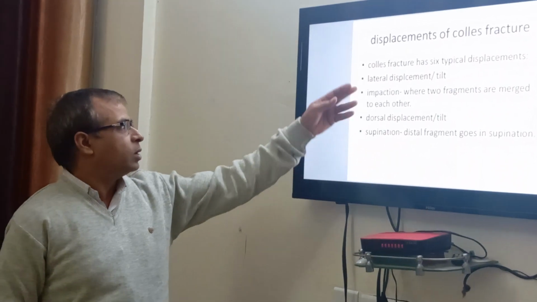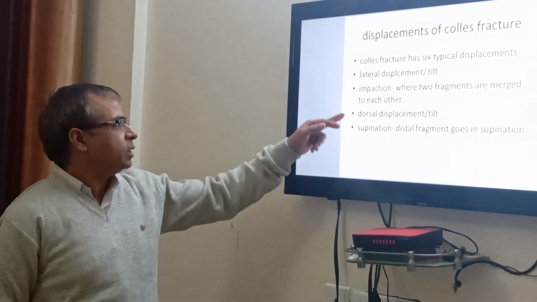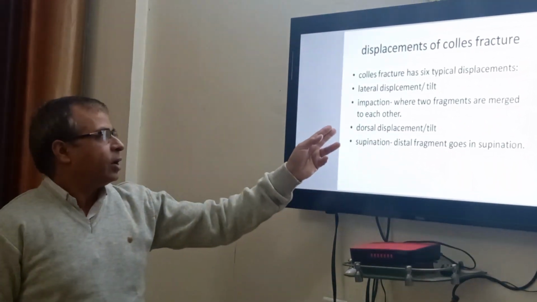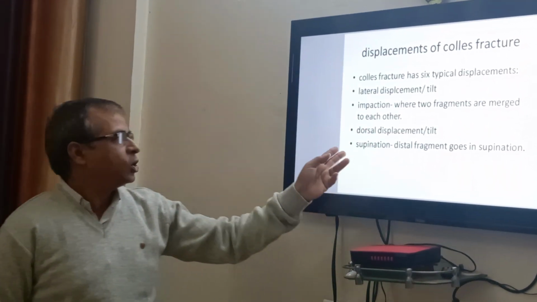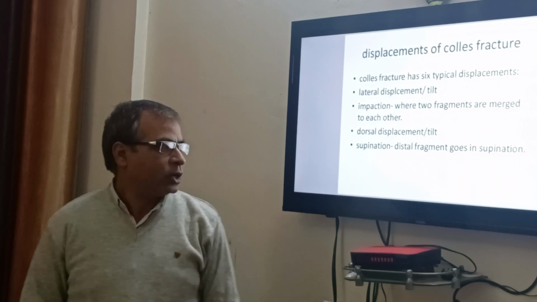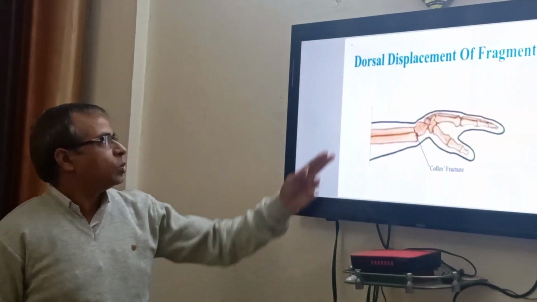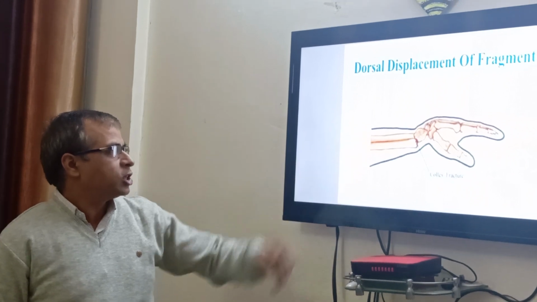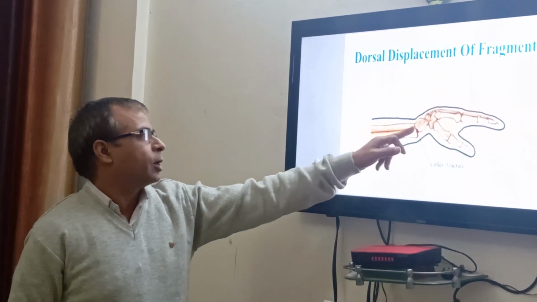You can remember them by LIDS: L for lateral displacement and tilt, I for impaction, and next is dorsal displacement and supination of the distal fragment. So in this diagram you can see the dorsal displacement of the distal fragment.